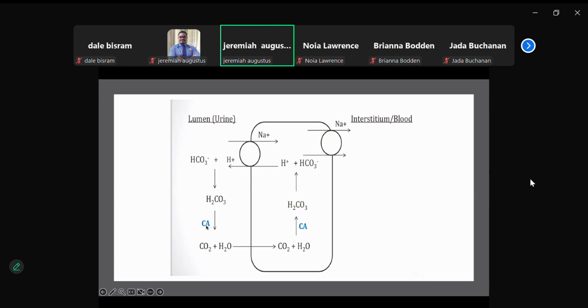Then the enzyme carbonic anhydrase splits it up and creates carbon dioxide and water, which then diffuse into the cell. When they diffuse into the cell, carbonic anhydrase reverts it back into carbonic acid, which then dissociates into hydrogen and bicarb. The hydrogen goes out, and the reabsorbed bicarb can go out to be used.